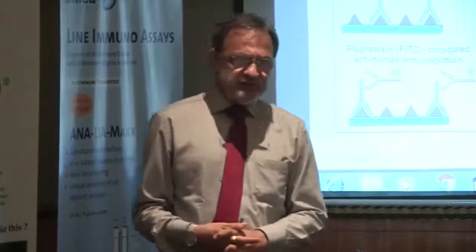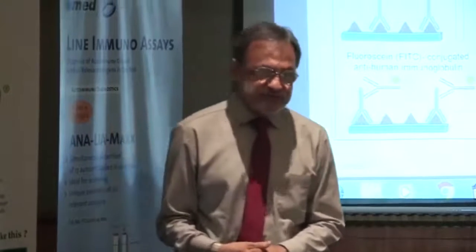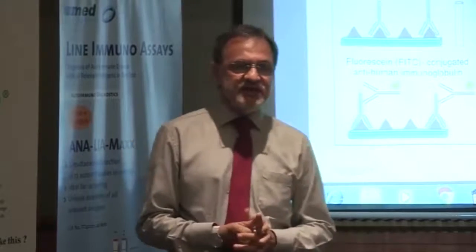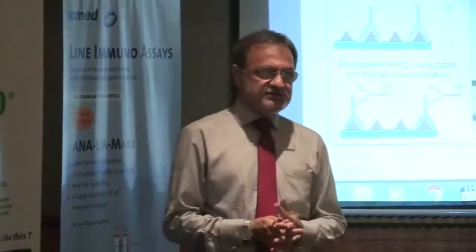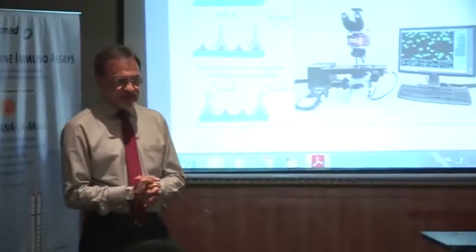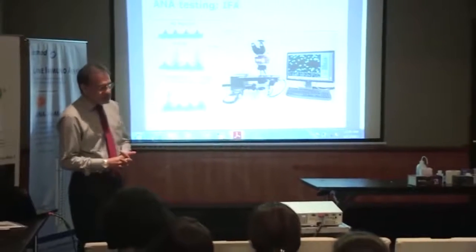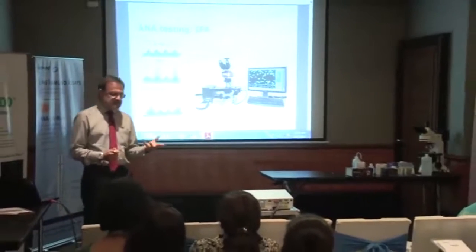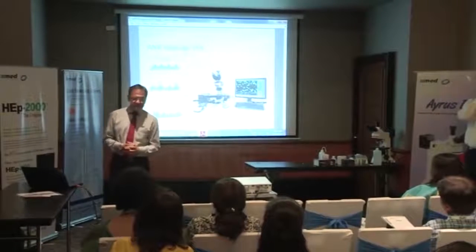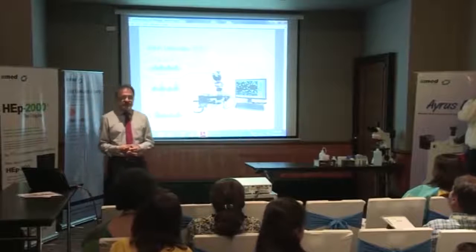Now, if we go into a little finer detail of ANA testing by immunofluorescence, this is the basics of it. It is basically an immunological reaction, an antigen-antibody reaction. We take the serum of the patient which contains autoantibodies, and it is poured onto a slide which contains cells, and those cells are expressing different antigens. Those antigens may be from the nucleus, from the cytoplasm, from nucleoli, or some other elements of the cell, to which the antibodies could be directed.